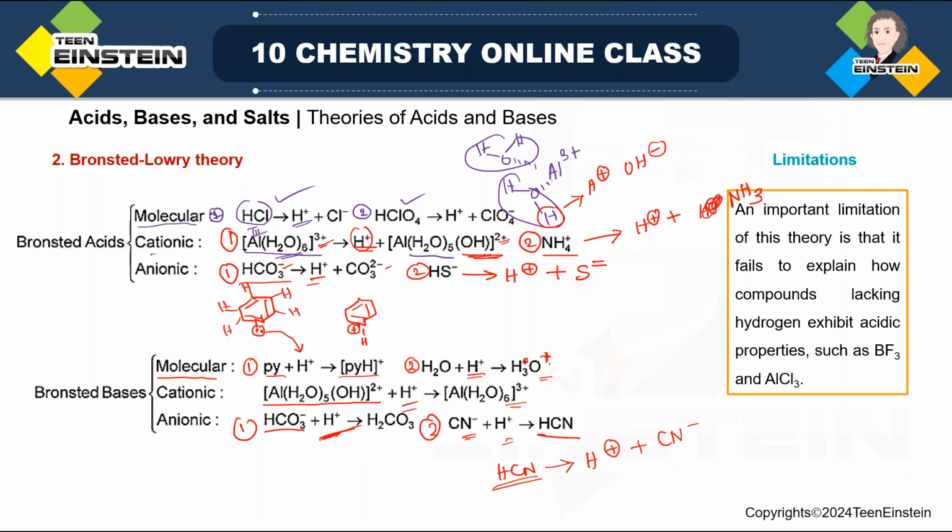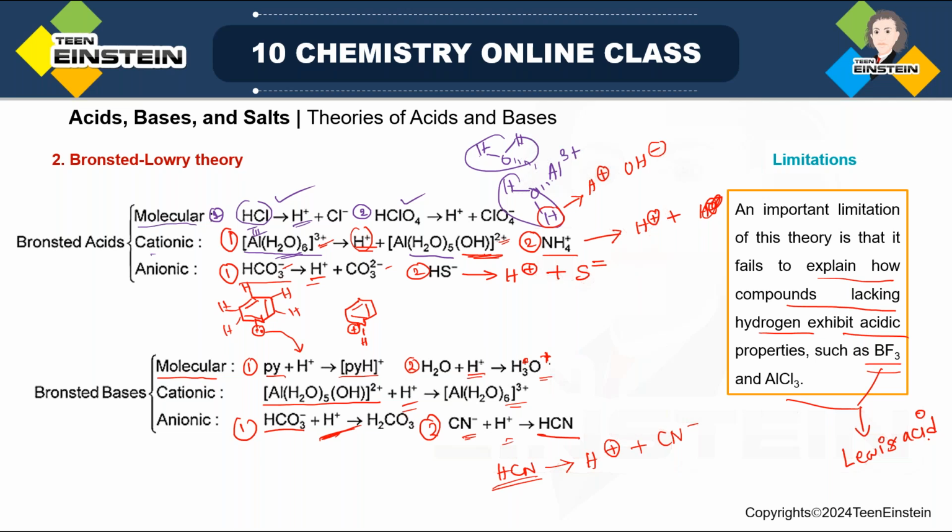Limitations. So here also we will see limitations. An important limitation of this theory is that it fails to explain how compounds lacking hydrogen exhibit acidic properties. So two examples. Now these two examples, BF3 and AlCl3, they are acid, basically Lewis acid. So that is why Lewis acid is basically more general.